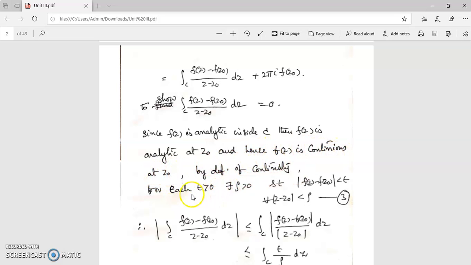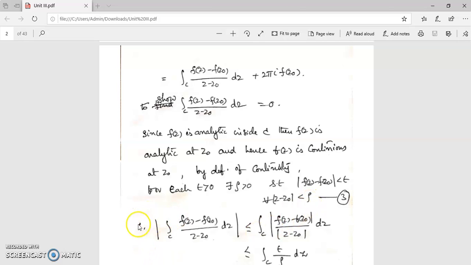By the definition of continuity, for every epsilon greater than 0, there exists delta greater than 0 such that modulus of f(z) minus f of z0 is less than epsilon for all |z minus z0| less than delta.